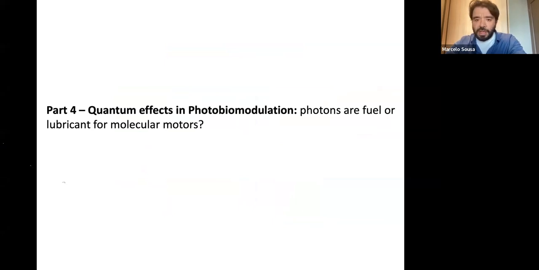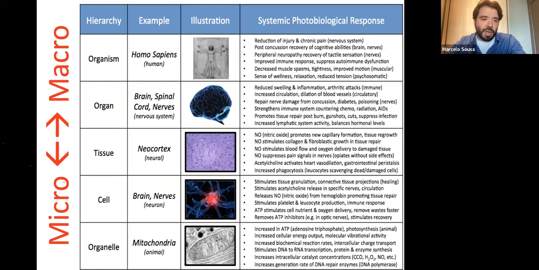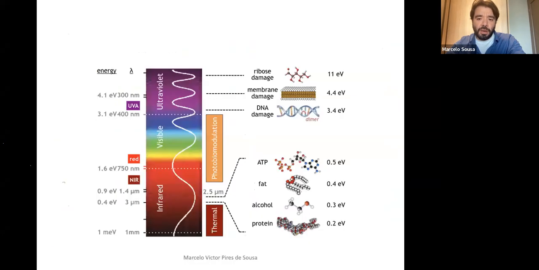Just to finalize the presentation, I would very quickly talk about photobiomodulation, because it's the area that I studied, and because right now some evidence is being gathered for quantum mechanics, quantum biology effects in photobiomodulation. Photobiomodulation happens with visible and near infrared light.